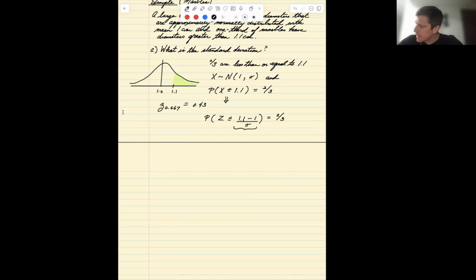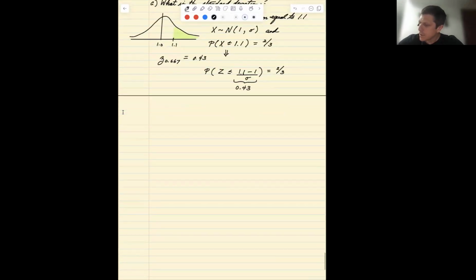And we know that this has to be 0.43 for that to be the case. So the solution is (1.1 minus 1) over sigma equals 0.43. That tells us that sigma has to equal 0.1 over 0.43, so it's about 0.23 centimeters.